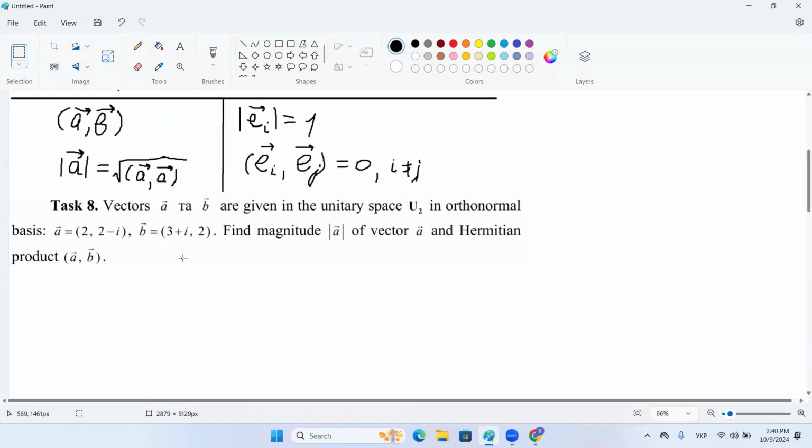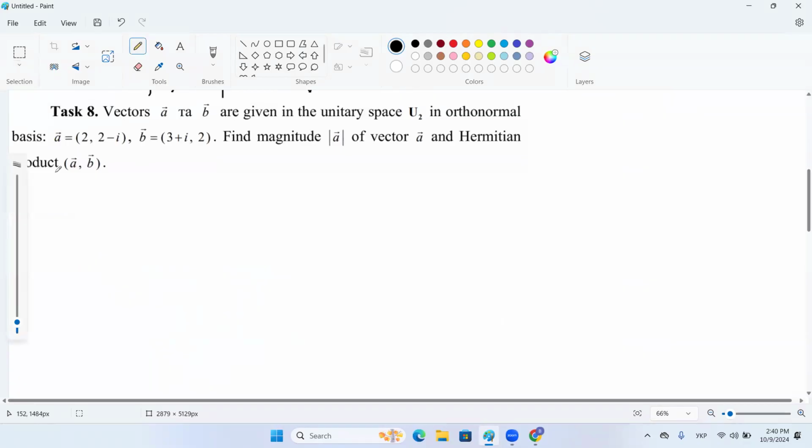And as we see, vector A and vector B have imaginary parts. How does the scalar product of vectors work in Hermitian space? The Hermitian product is a scalar product in the unitary space, and we just do it like that.